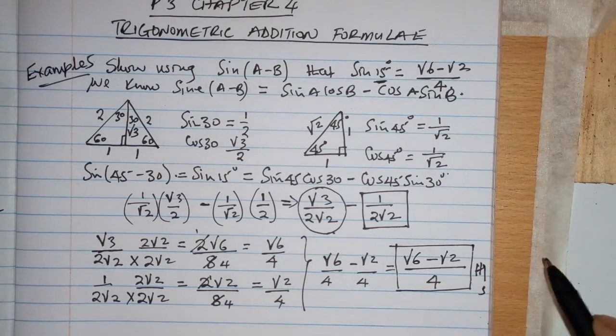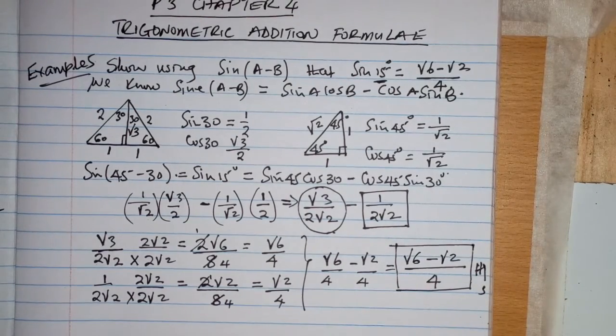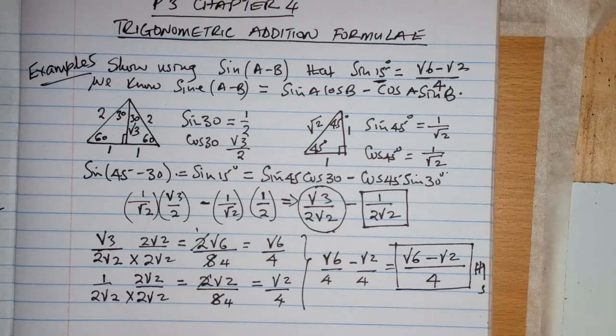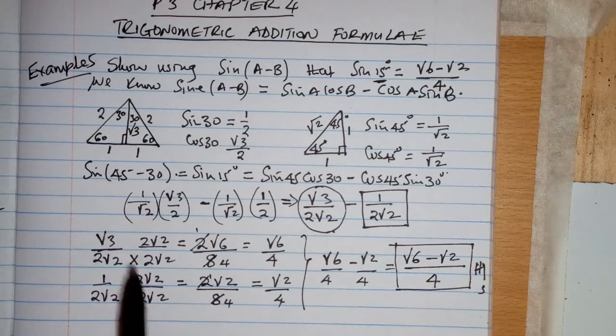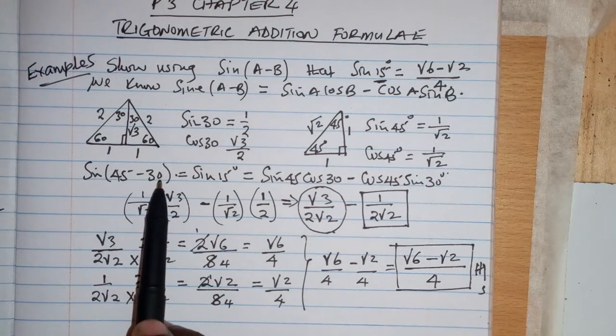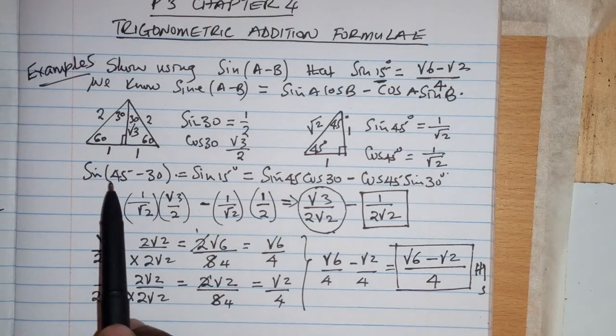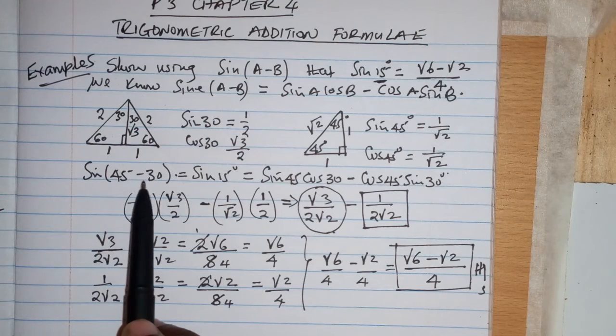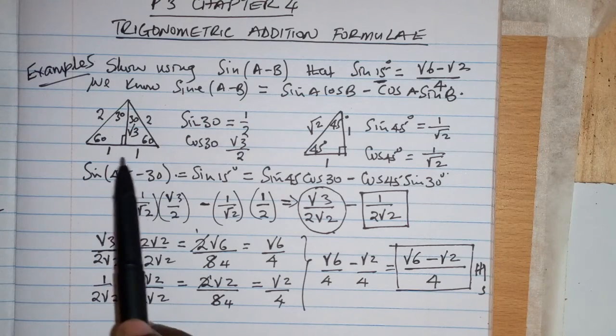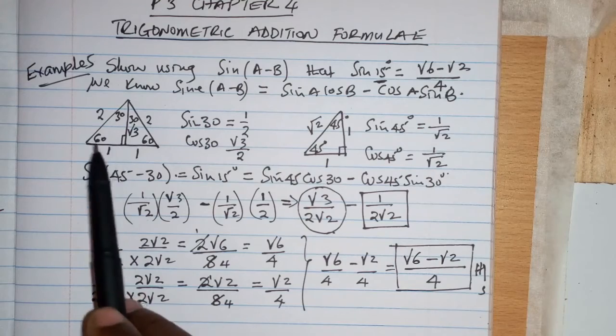And I have used special angles because we needed to find exact trigonometric ratios. It's not a must that we should have used sine 45 minus 30. We could also use sine 60 minus 45, and these ones are always here.